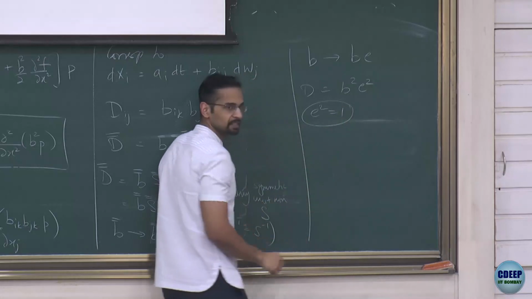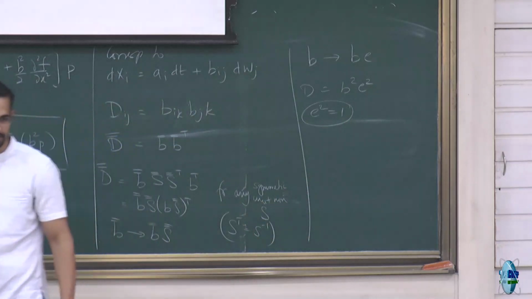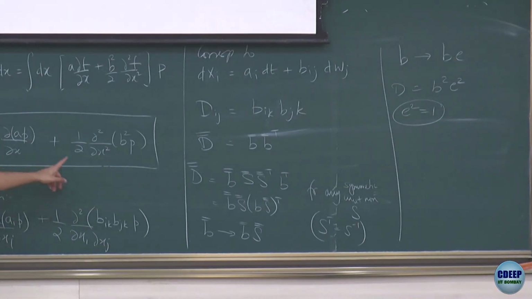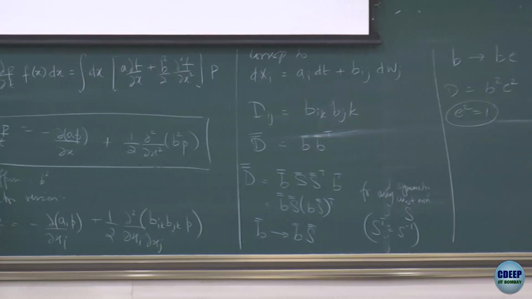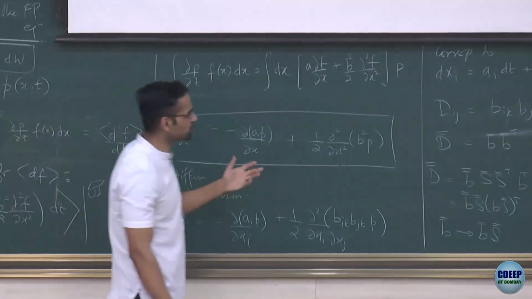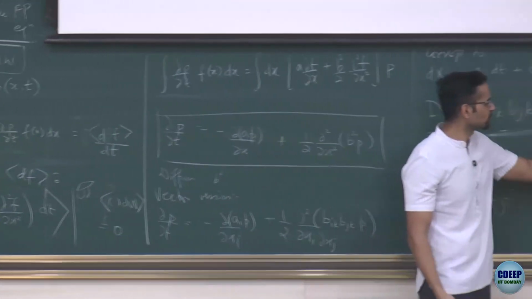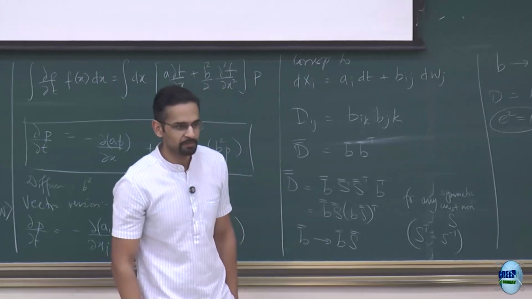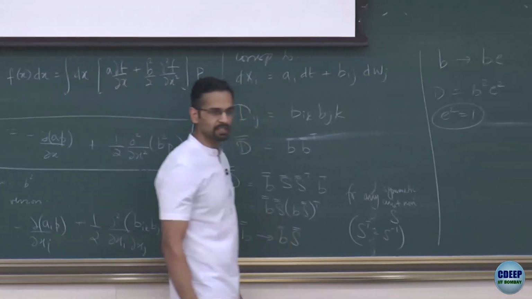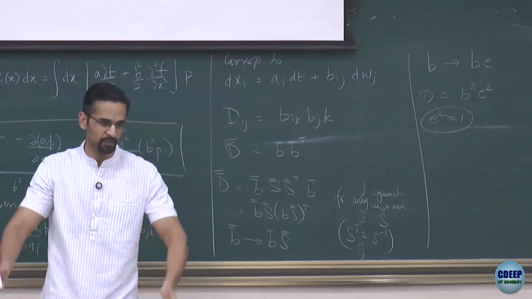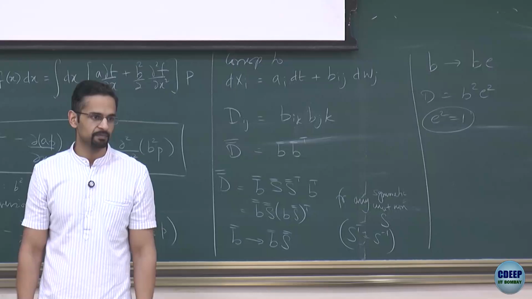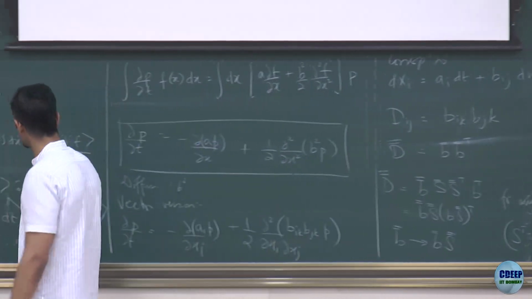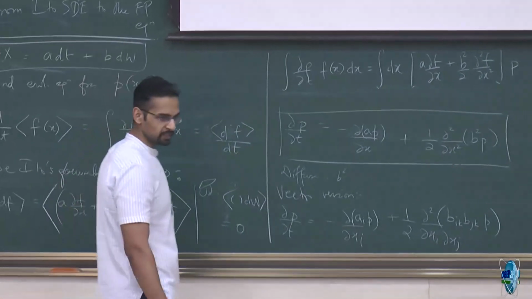But that just means E should be 1. So the fact that this is B square doesn't allow you to vary this, because if you multiply it with E and you require the same diffusion coefficient, E square should be 1, which is only going to force you to be 1. The reason you have something different here is because in multidimensional space, you have the freedom to rotate. So in 1D, the equivalence is unique, but not in multiple dimensions.